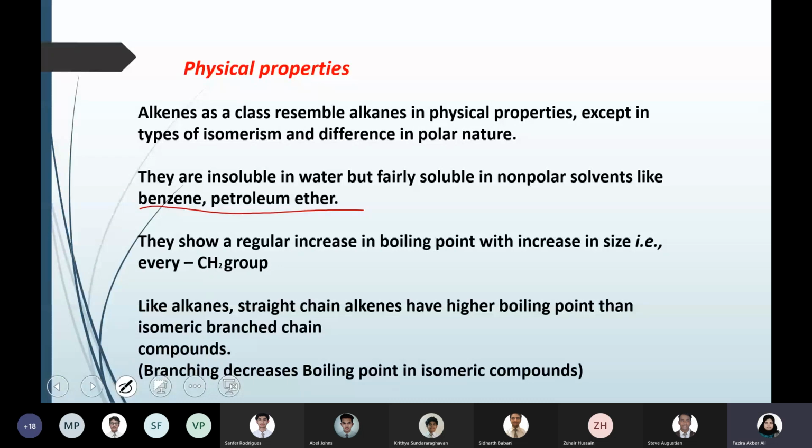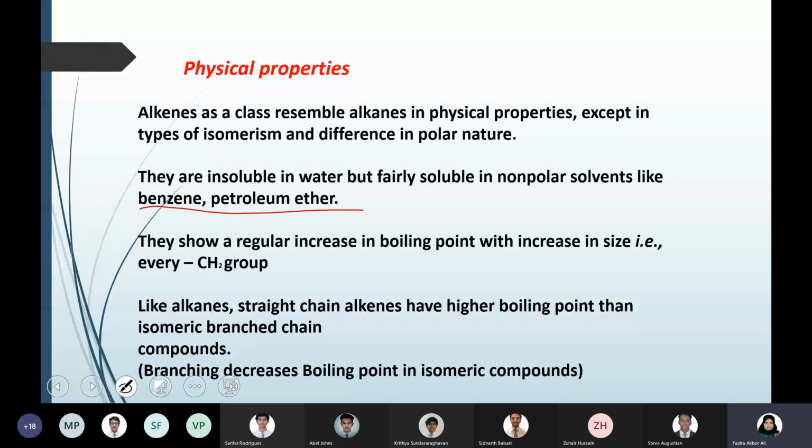There is not much to discuss here, and the trend in boiling point follows exactly the same rule. The higher members have greater boiling point due to greater van der Waals force of attraction, and as branching increases, surface area is less and boiling point decreases. The same rule is applicable here also. There is nothing specific to look into in the physical properties of alkenes, so you can just go through it.